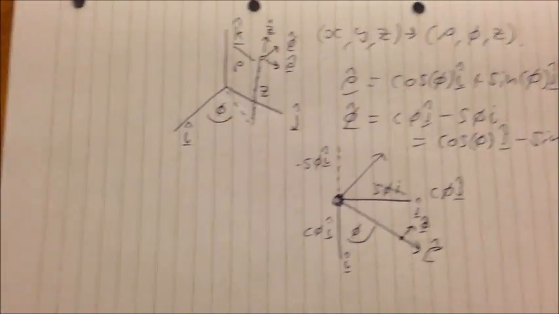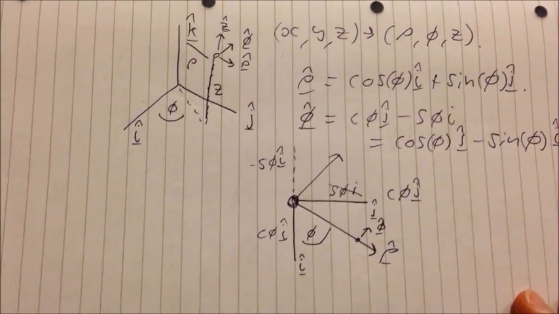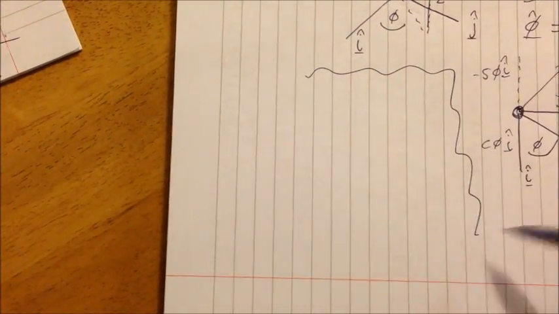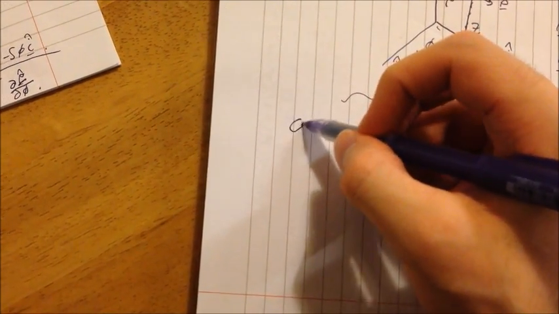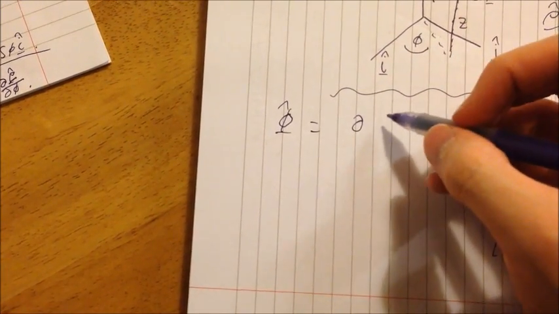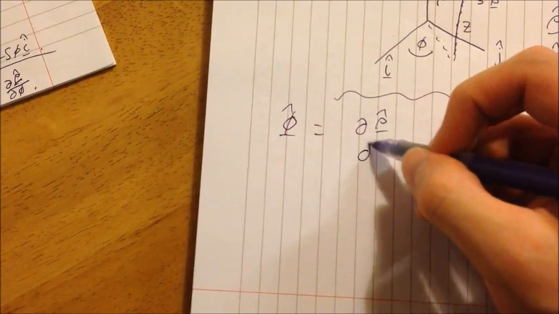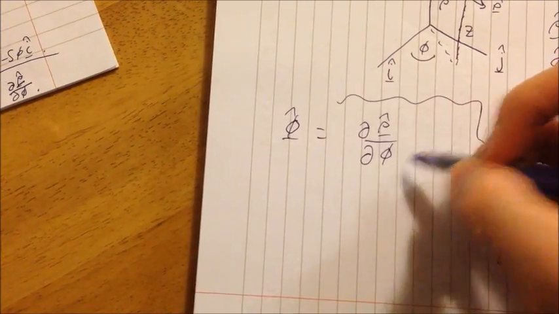Okay, and possibly a better explanation or way to remember it is that the phi unit vector is equal to the partial derivative of the rho unit vector with respect to phi.